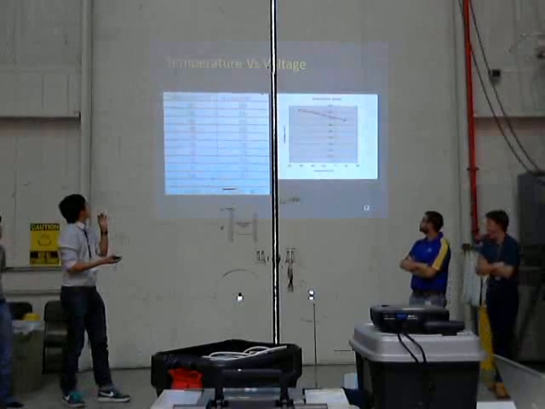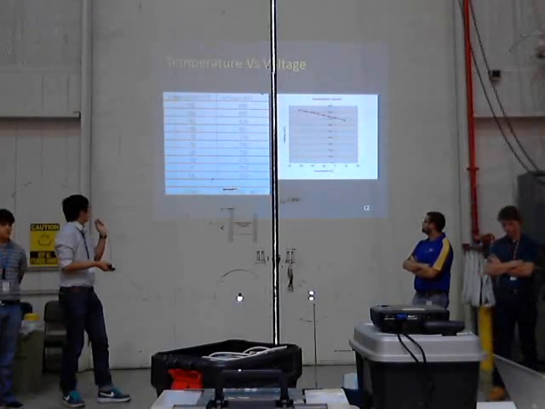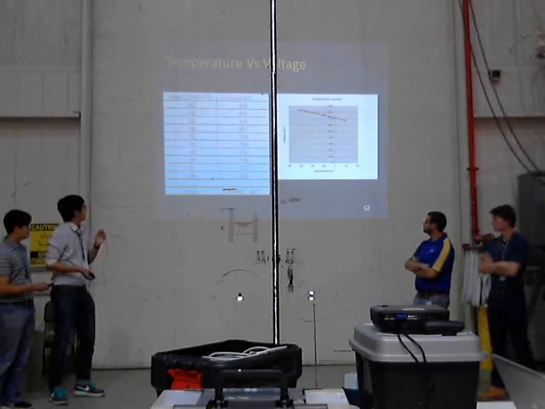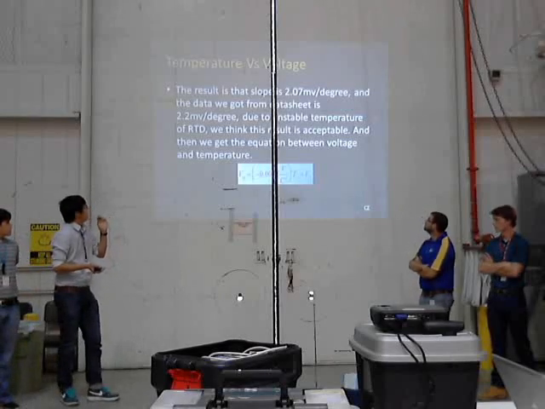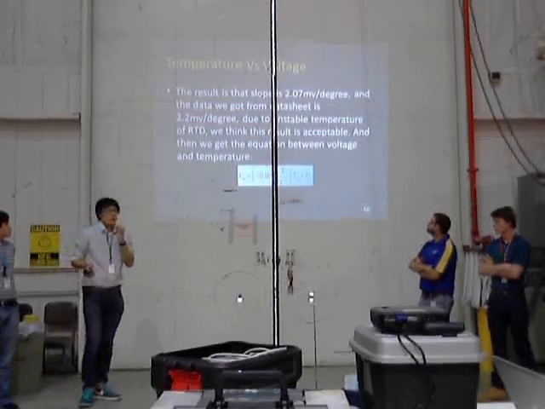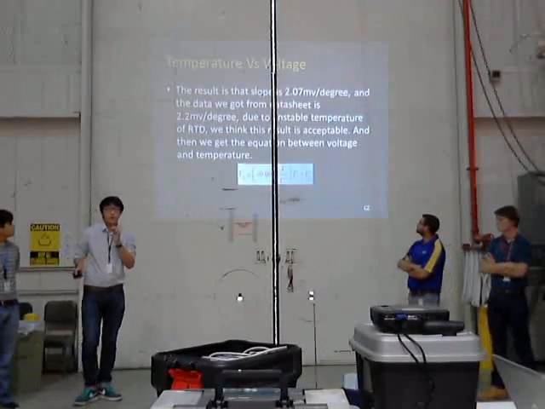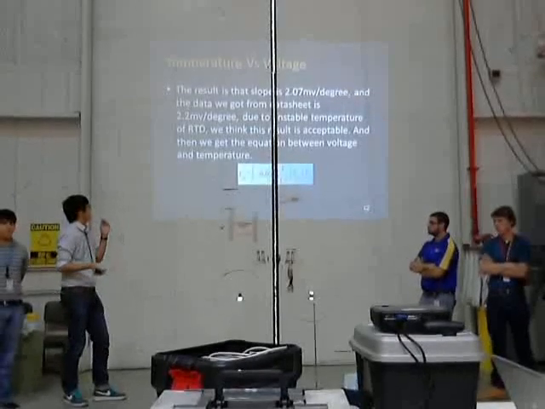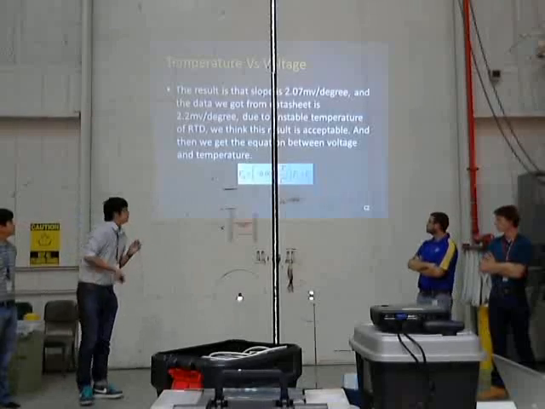Here is the data we got for the temperature and the voltage, and we got the slope. The result is that the slope is 2.07 millivolts per degree, and the data sheet says 2.2 millivolts per degree. Due to the unstable temperature of the RTD, the result is acceptable, and then we got the equations here.